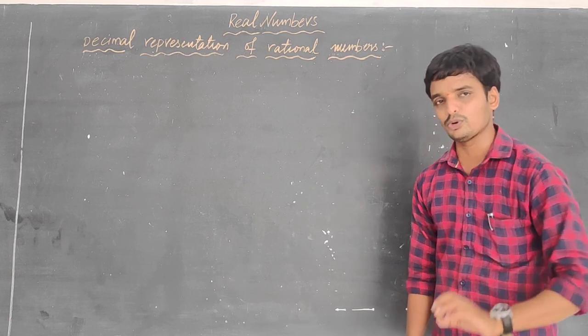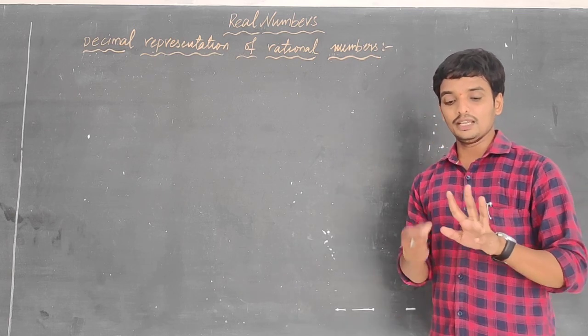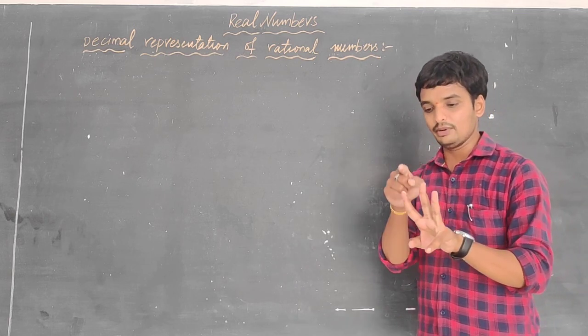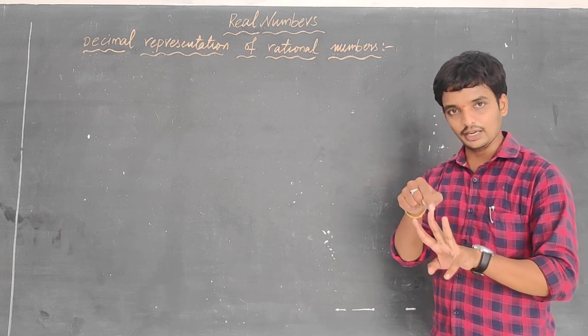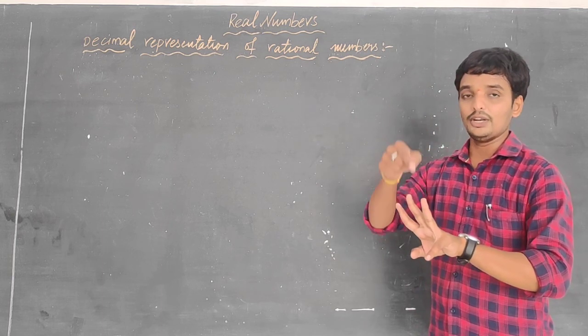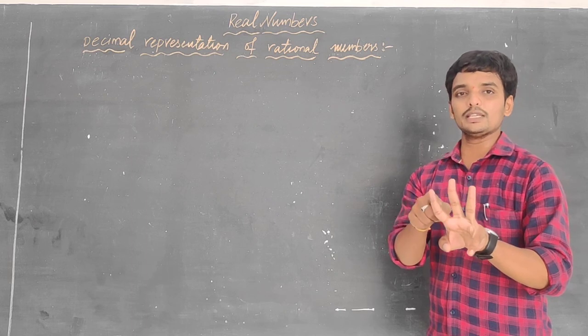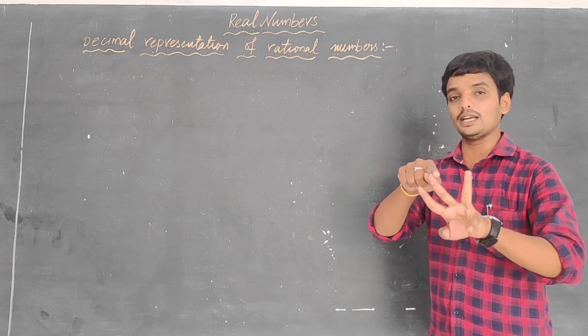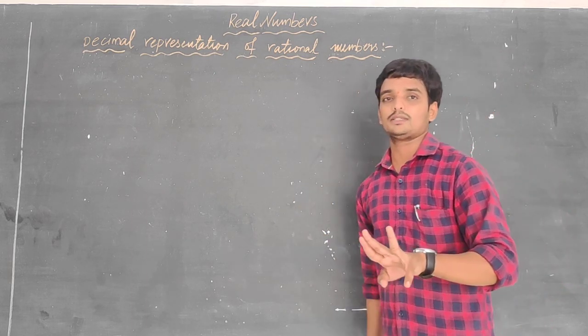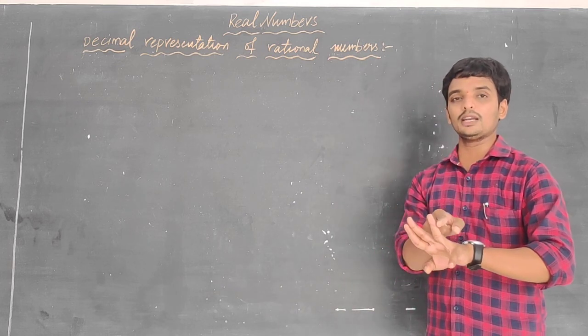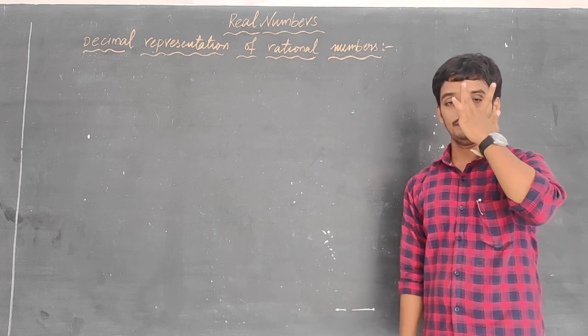That's why please be focused on what I'm explaining. Decimals are three types: terminating decimals, non-terminating recurring decimals, non-terminating non-recurring decimals. Terminating decimals and non-terminating recurring decimals are rational numbers. Non-terminating non-recurring decimal is an irrational number.